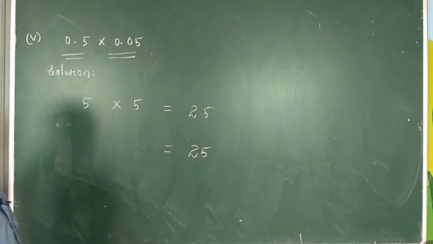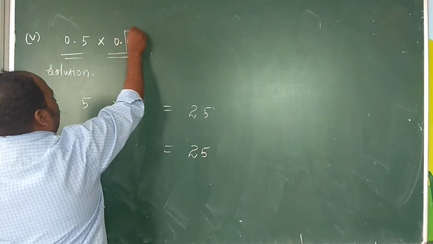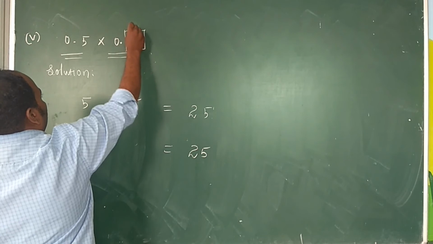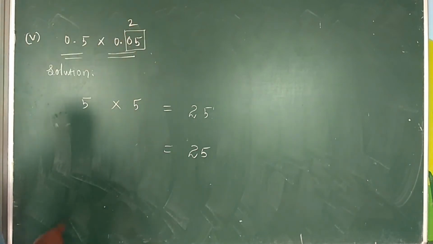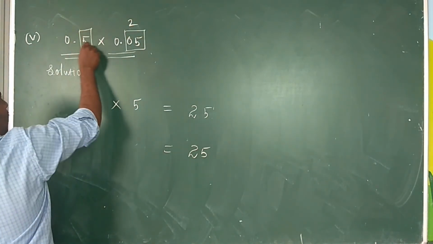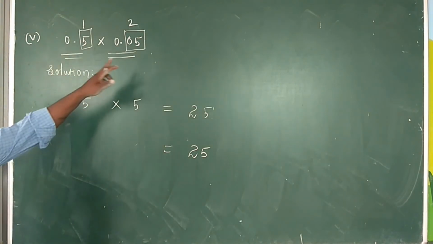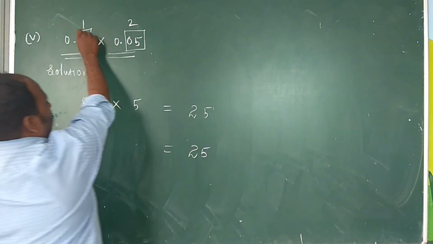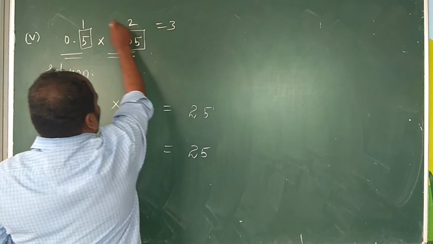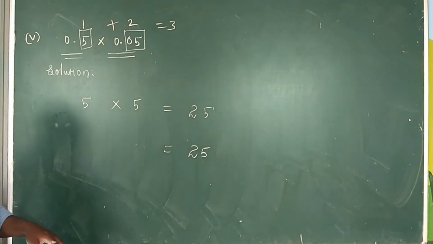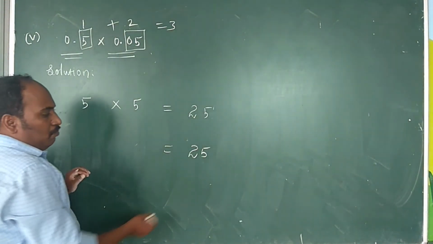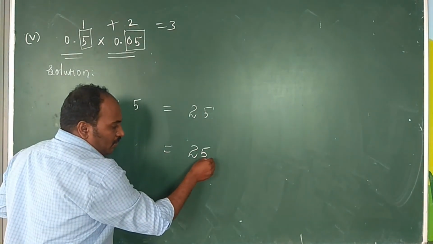Count the decimal places. Here 1 decimal place, here 2 decimal places. So 1 plus 2 is equal to 3. We place the decimal point before 3 digits.